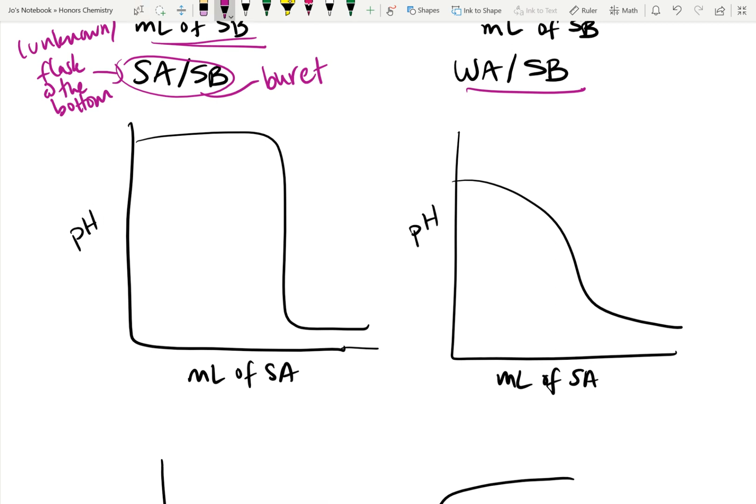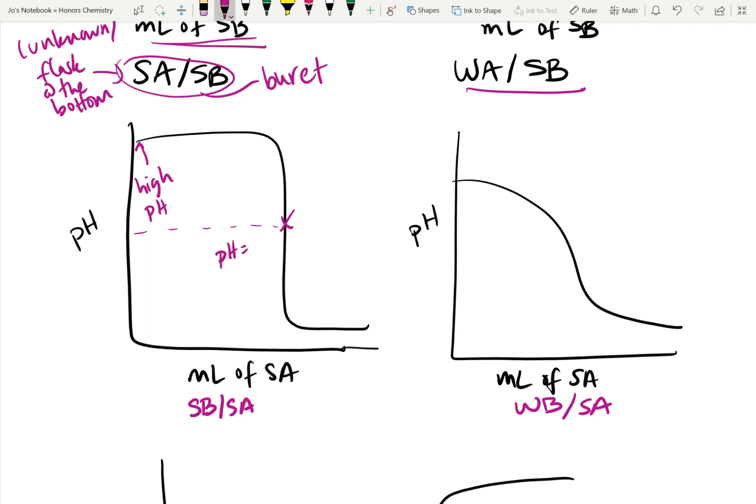Okay, so this one is a strong base, strong acid, and then on the right is a weak base, strong acid. So here we're going to have a very high initial pH. It's going to be much higher than the one on the right. You notice our equivalence point, we're going to go in the middle here. Guess what?